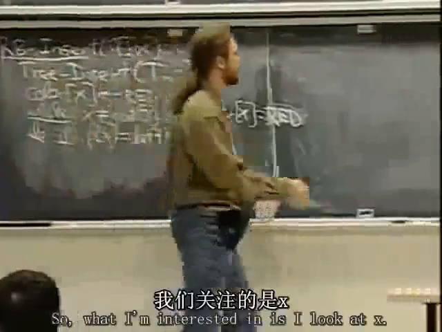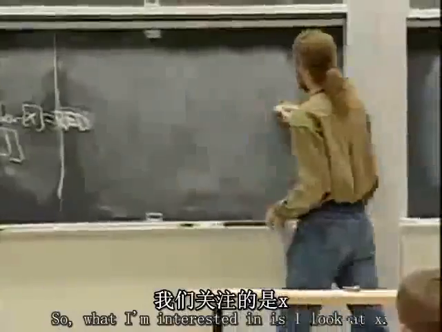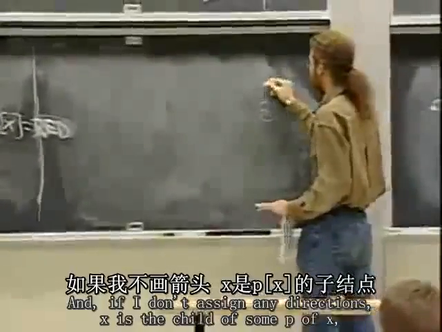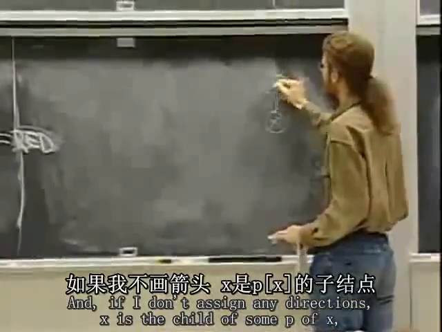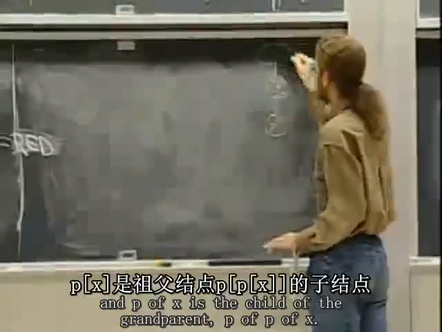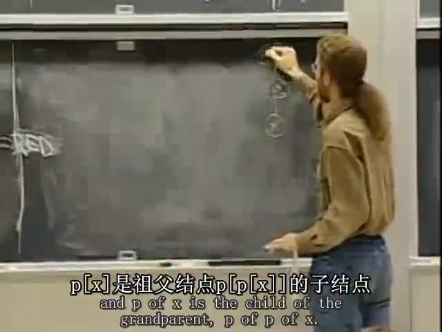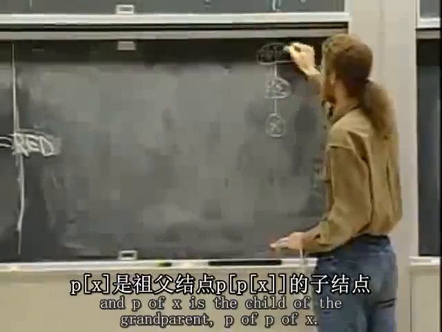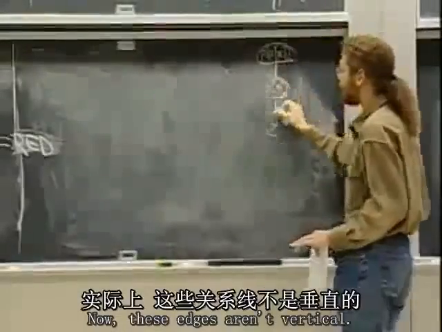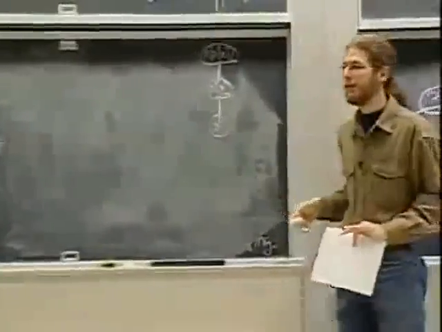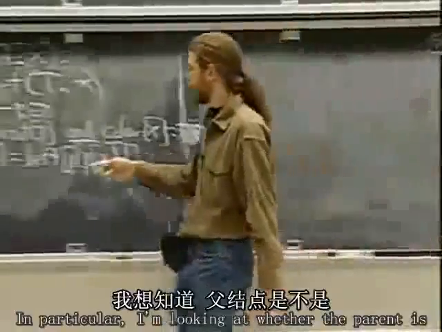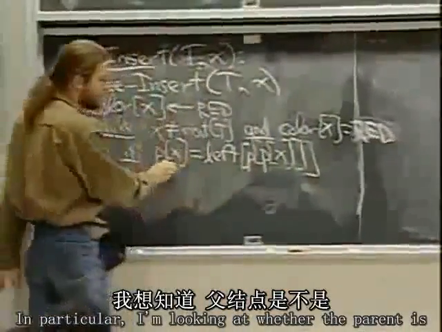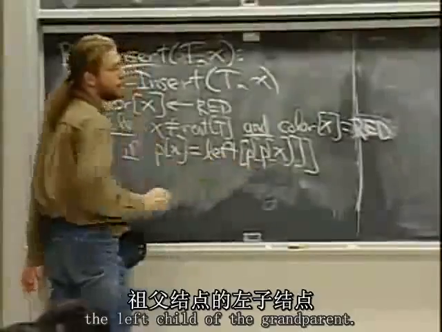So what I'm interested in is I look at x, and if I don't assign any directions, x is the child of some p of x, and p of x is the child of the grandparent. Now, these edges aren't vertical, they're either left or right, and I care about which one. In particular, I'm looking at whether the parent is the left child of the grandparent.